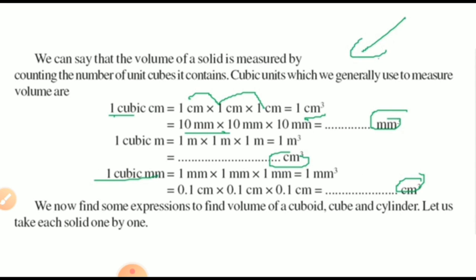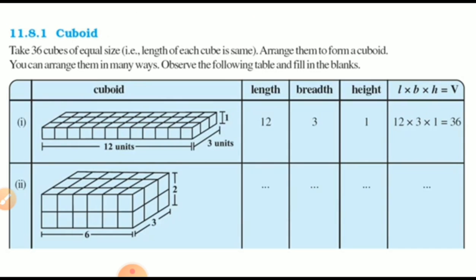1 cubic meter is equal to how many centimeters cube? Very simple, 100 centimeter into 100 centimeter into 100 centimeter. Isn't it? Cuboid. Here are boxes of length 12 and height 1. Then its breadth is 3. So here 3 units are given: length, breadth and height.